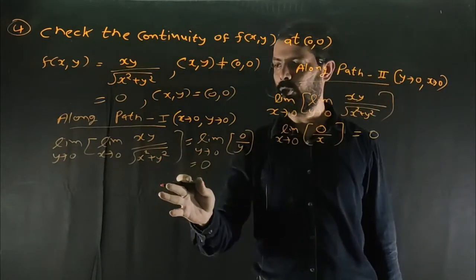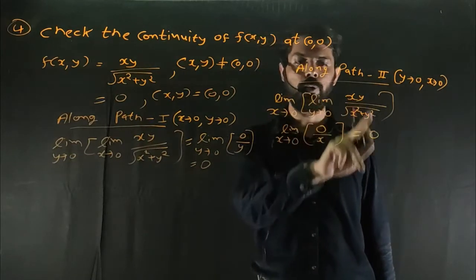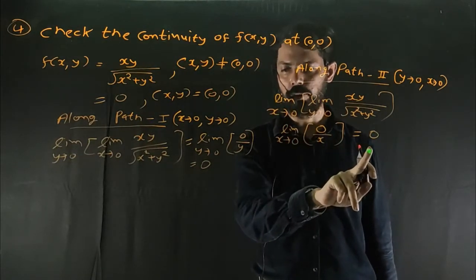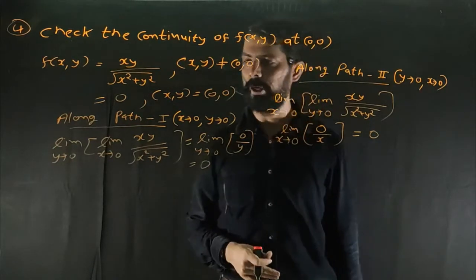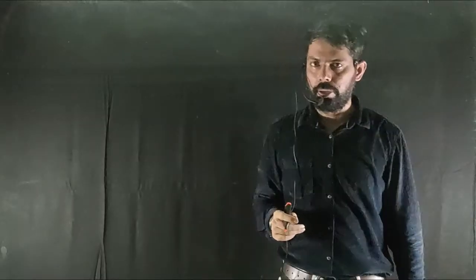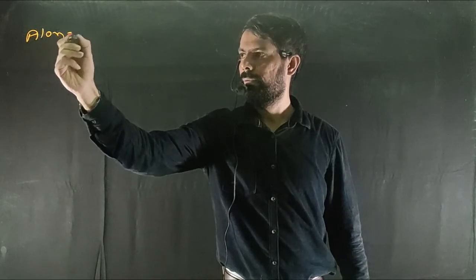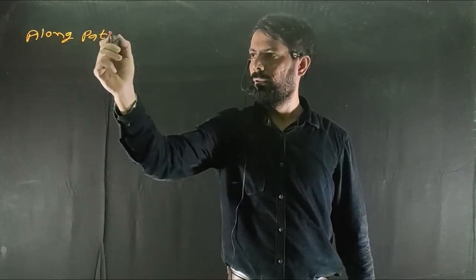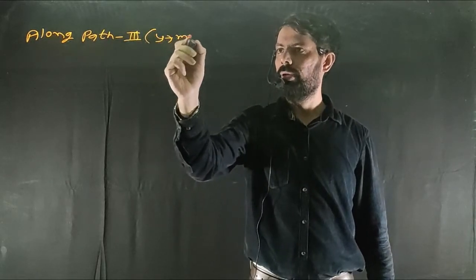So here, as you can see that limit along path 1 is 0 and limit along path 2 is also 0. Both limits are same. Therefore we will find limit along path 3. Now we will find limit along path 3, that is y tends to mx.